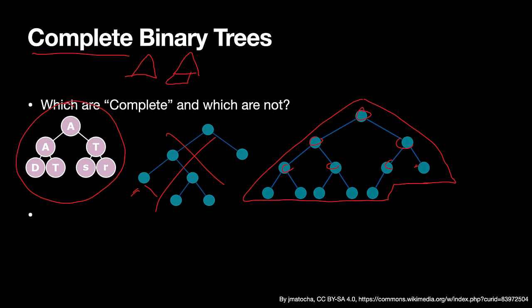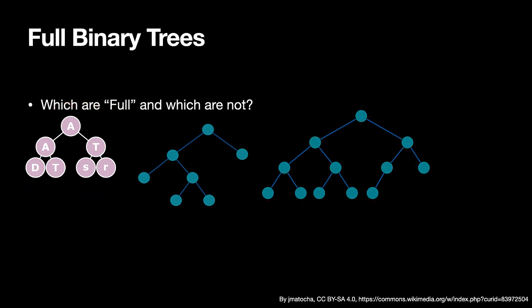Okay, let's come back to this notion of full. If you remember, the idea of full is that nodes either have 2 children or no children. So we have all internal nodes that have 2 children or no children. So let's look at that. Again, our class logo, A is an internal node. It has at least 1 child, and in fact it has 2 children.